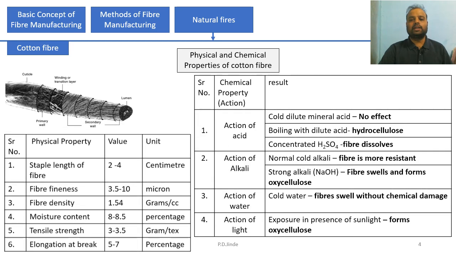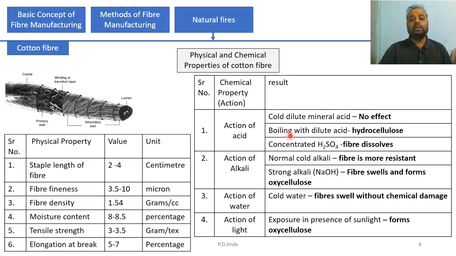Here is the table of chemical properties. You can see these are the chemical properties and their results. Now most of the chemical properties are in terms of action of something on a cotton fiber. Let's start with the first, action of acid. So cold dilute mineral acid does not affect a cotton fiber.